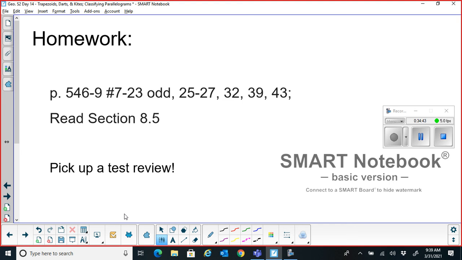I may post it tomorrow evening, tomorrow night, so you can check your hub at that time, and you can complete it over the long weekend or after, but it won't be due immediately after the long weekend. You will have at least one day after the long weekend to turn in the quiz. So there will be a take-home quiz and this homework. You have the rest of the class time to work asynchronously on this.